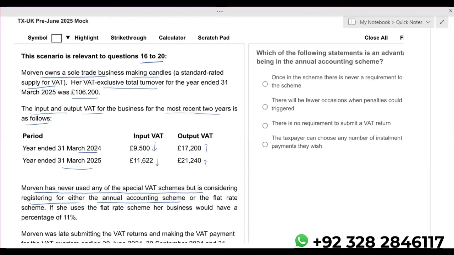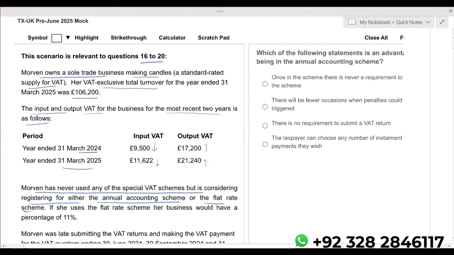It starts from the 4th month. Basically, you take the VAT payable of the previous year, and 10% of that you start paying in the current year from month 4 onwards. So there will be 9 payments on account if you go for the annual accounting scheme.